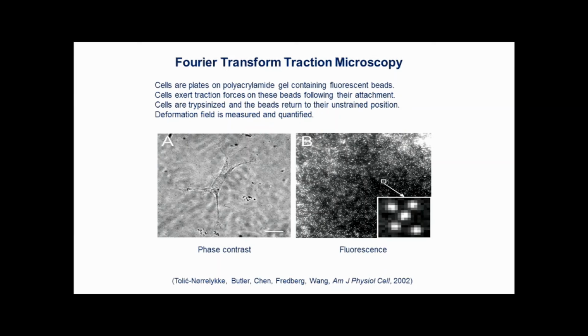Here, it's possible to look at the cell traction forces using polyacrylamide gel containing fluorescent beads. When these cells exert forces, the beads get displaced, and then you can quantify the deformation and come up with changes in the traction with specific interventions.